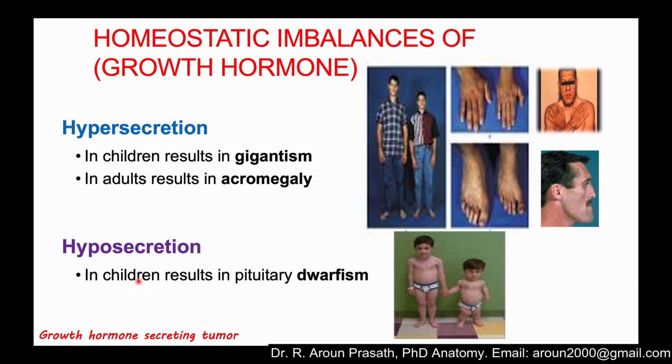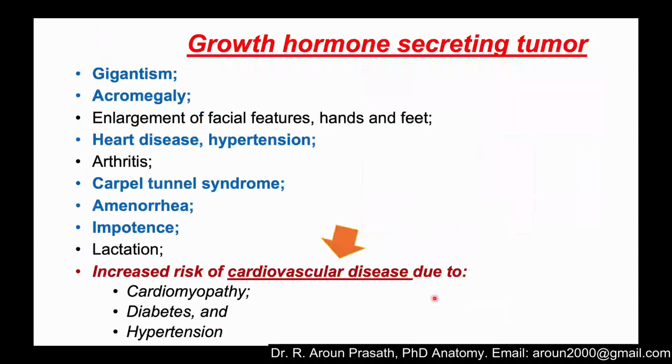Okay, whereas if there is less secretion of growth hormone, you can see the limbs are very short, the mental maturity is present, whereas there is shortening of the limbs. We call that pituitary dwarfism. That is the growth hormone. So there are some tumors in the pituitary gland.